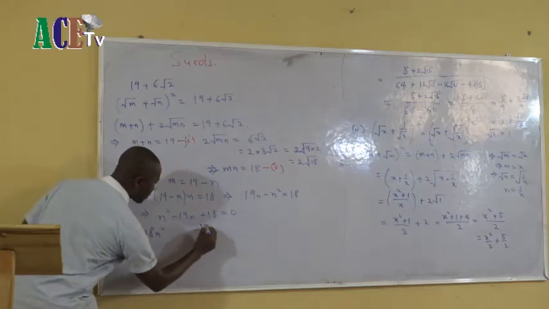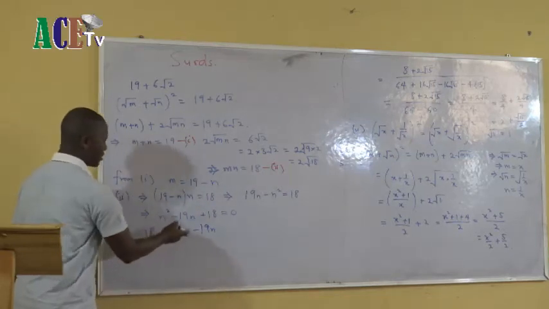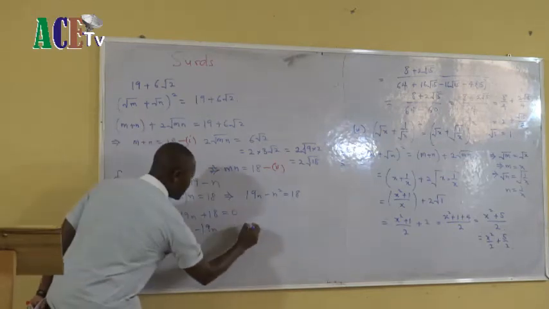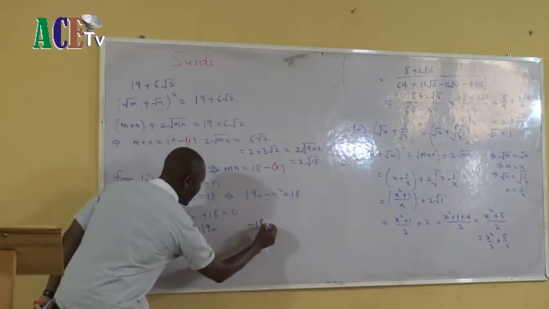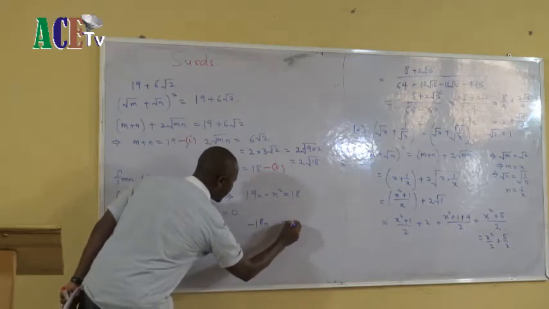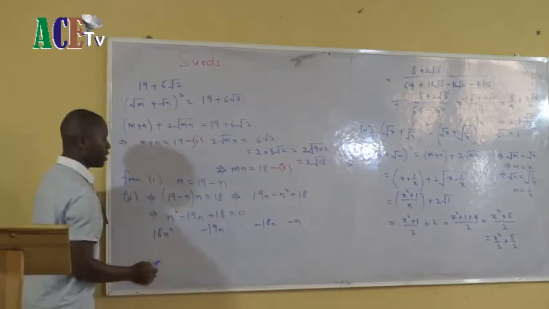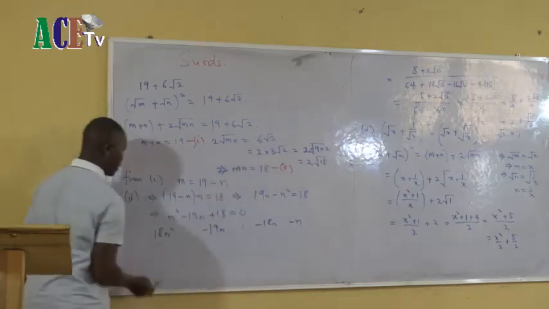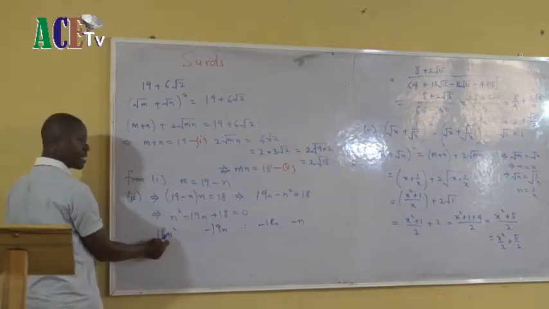So we have minus 19n. The easiest of all those factors is minus 18n and minus n. If we multiply minus 18n with minus n, we get plus 18n squared.